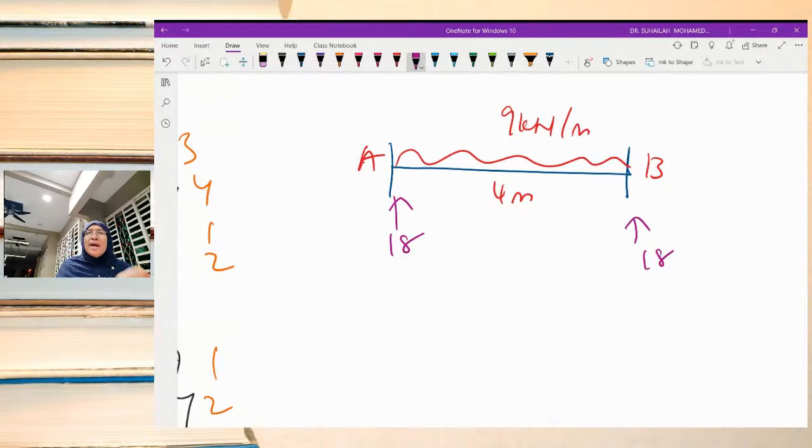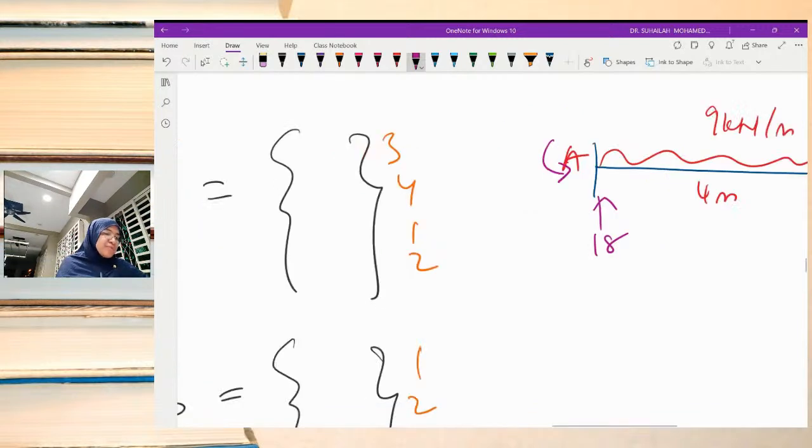WL over 2 is the force. For the moment, it always acts in these two directions because of the behavior, and the formula is WL squared over 12.